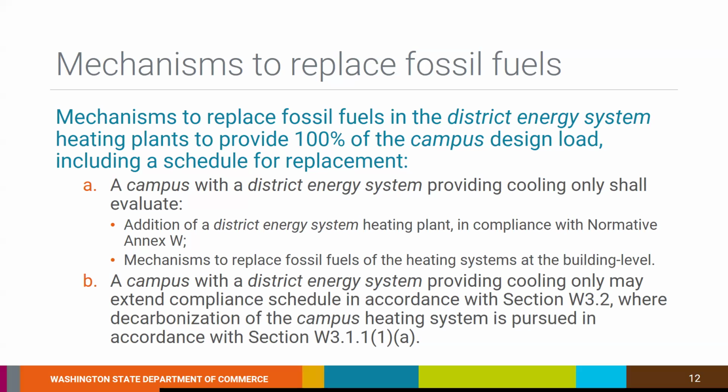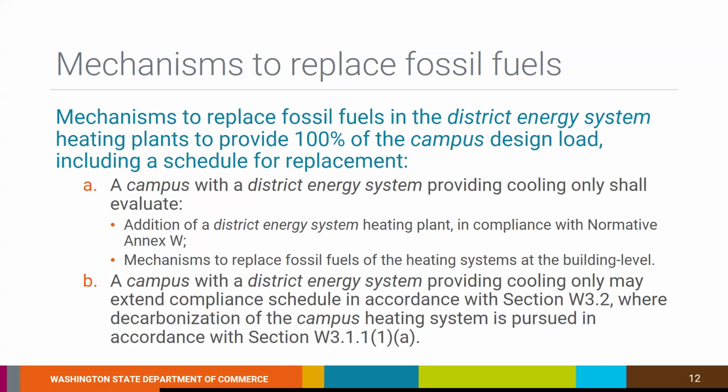So again, the big driver here is to decarbonize the heating plant in a district energy system. If you have a state campus that has a cooling only district energy system, you still have to comply with Annex W of the standard, but obviously since you don't have a heating plant as part of a district energy system, you wouldn't need to decarbonize that.